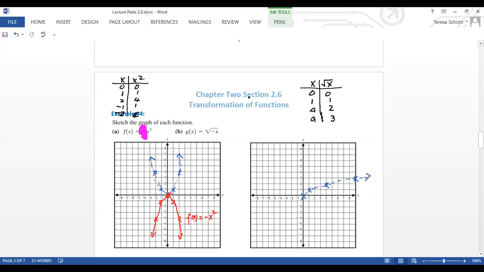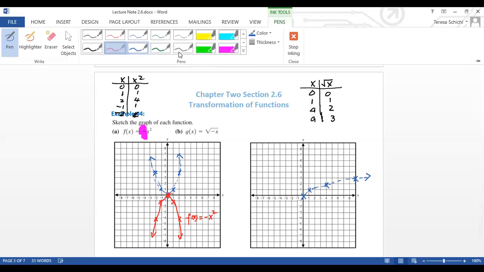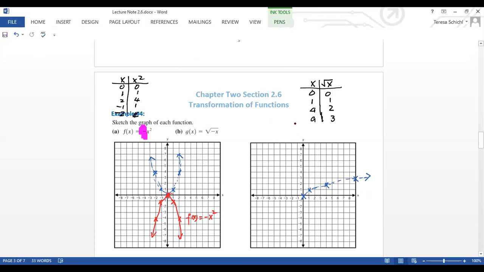Because the flip is negative x, I know I'm flipping over the y-axis. This point is already on the y-axis, so it stays the same. This one here is 1 unit away from the y-axis, so when I flip, I flip over to here. This one is 4 units, so I flip over to here.